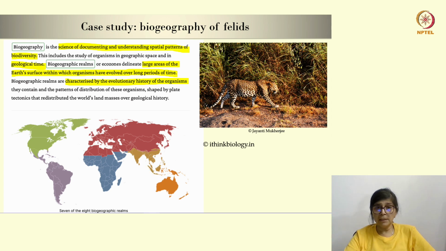And if you see this, Eurasian is the big chunk here, the red, and this is very typical of its flora and fauna, as well as the Indo-Malaya or Indian region, a very unique species collection.